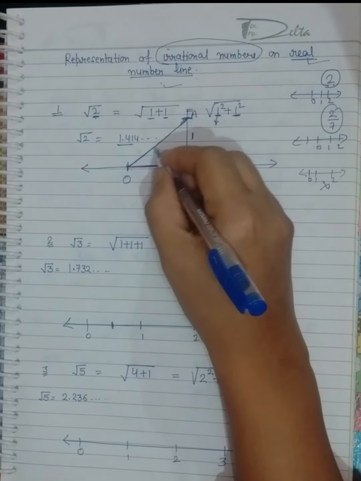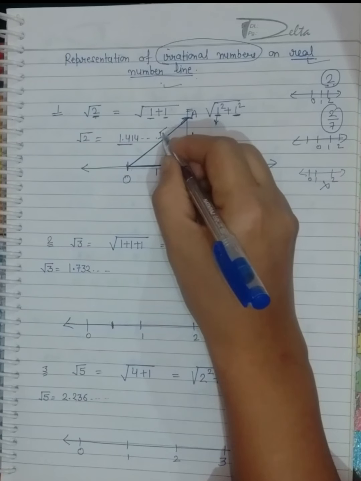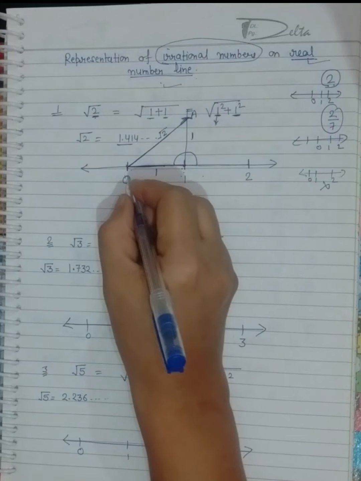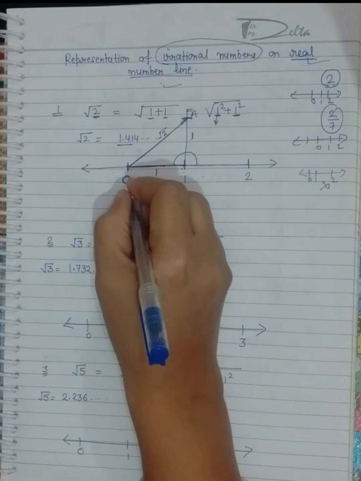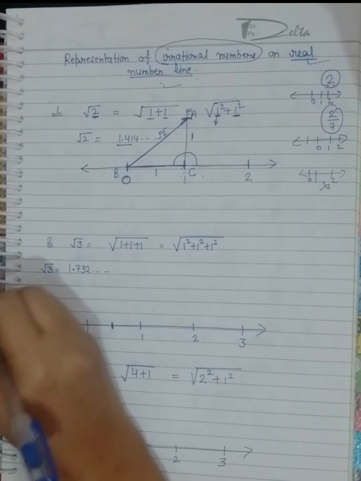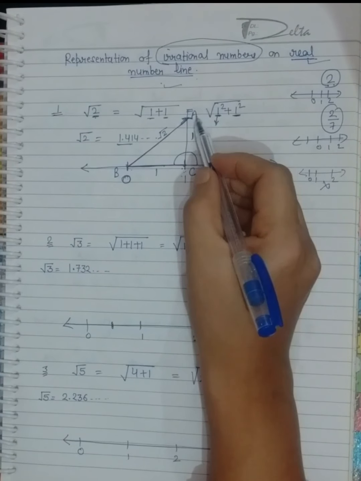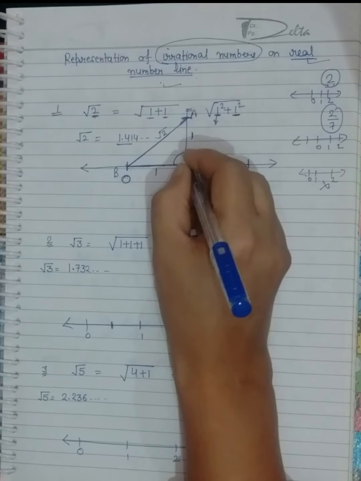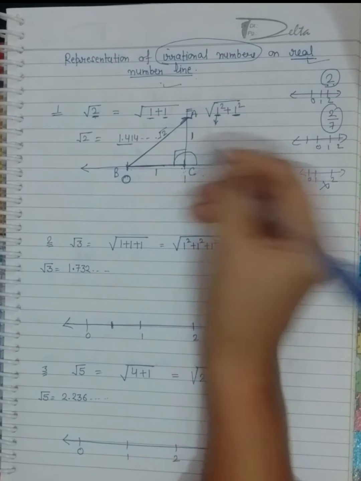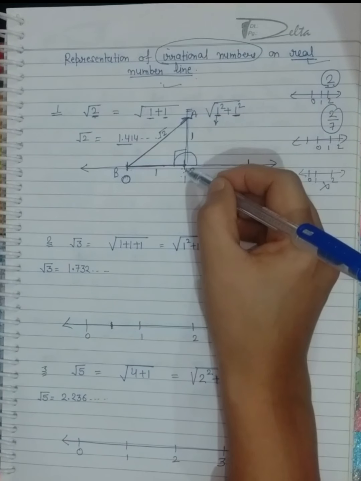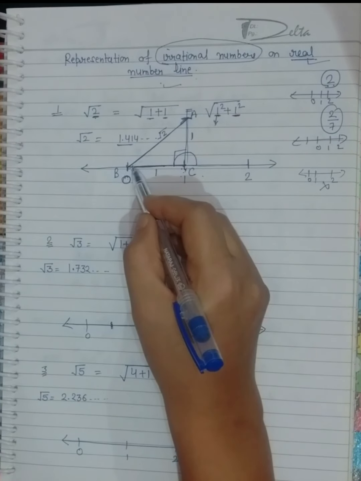Actually this distance is root 2. How is it root 2? See here, if I give 0 as point B, 1 as point C, and A we have already taken. So A, B, C is a right angle triangle, and you know that this is called the base, this is the perpendicular, and this is the hypotenuse.